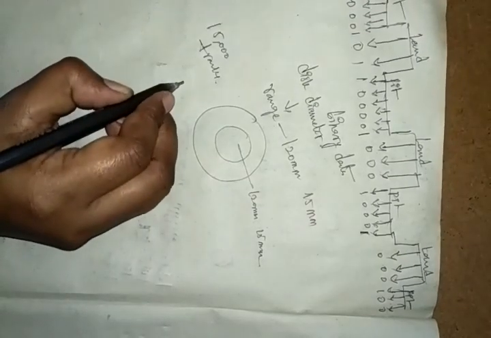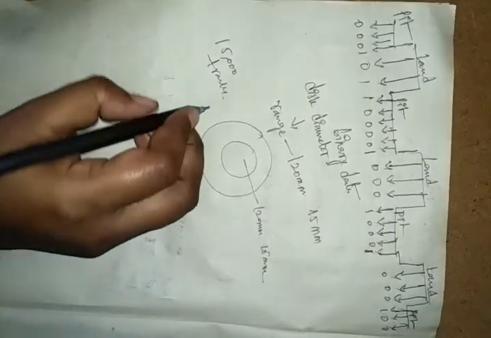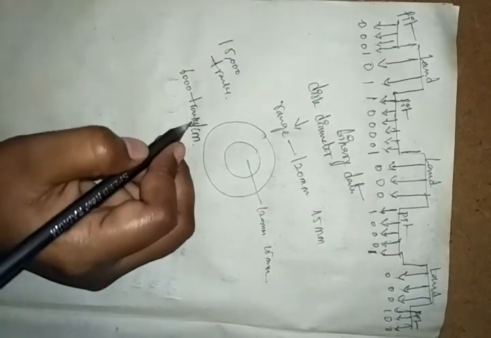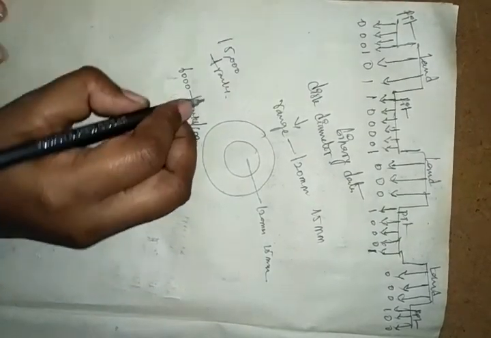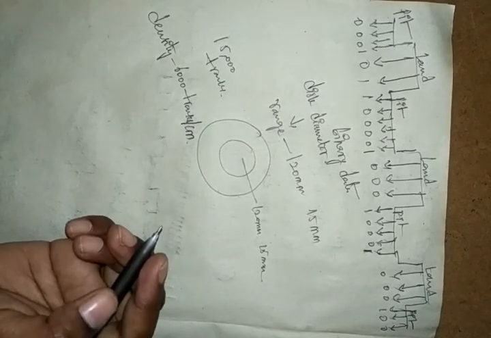Every track has some density, 6000 tracks per centimeter. Everything is performing like this. Okay, so this is how our optical disc is performing.